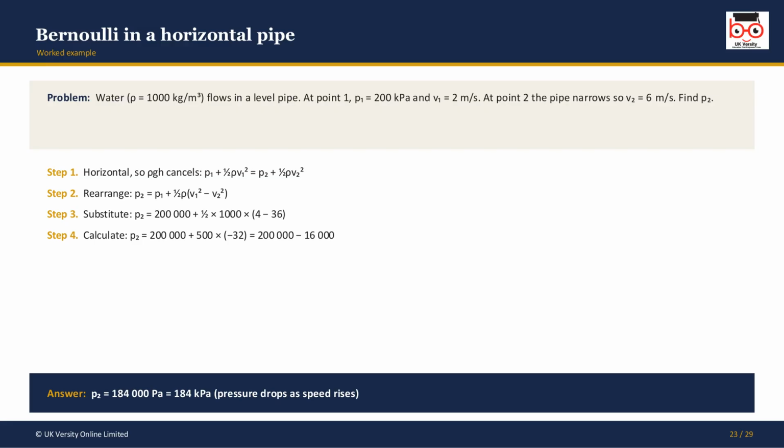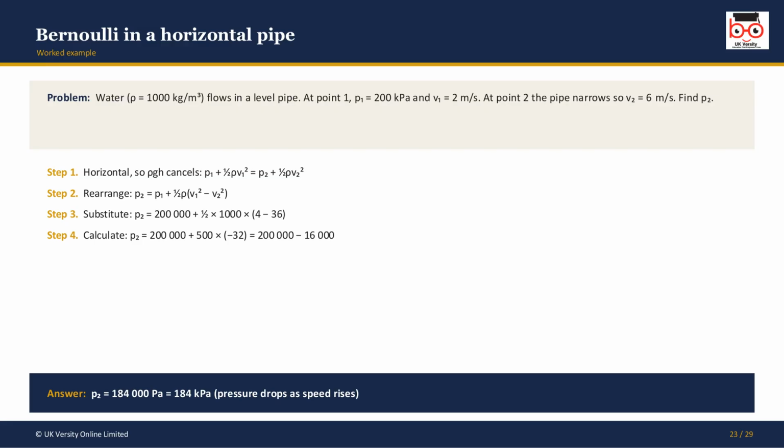Let's apply Bernoulli in a horizontal pipe. Water of density 1000 flows along a level pipe. At point 1, the pressure is 200 kilopascals and the speed is 2 meters per second. At point 2, the pipe narrows so the speed rises to 6 meters per second, and we want the new pressure. Because the pipe is level, the rho g h terms cancel, leaving pressure 2 equals pressure 1 plus a half rho times v1 squared minus v2 squared.